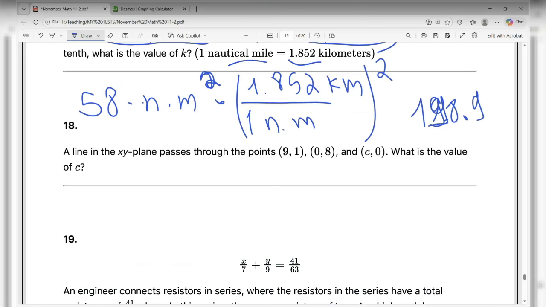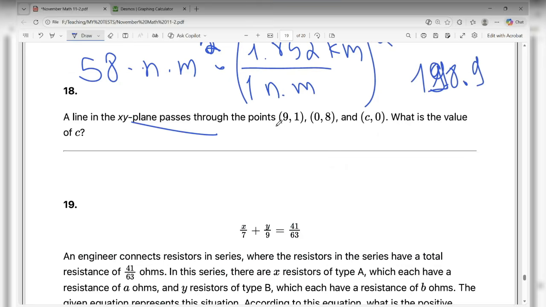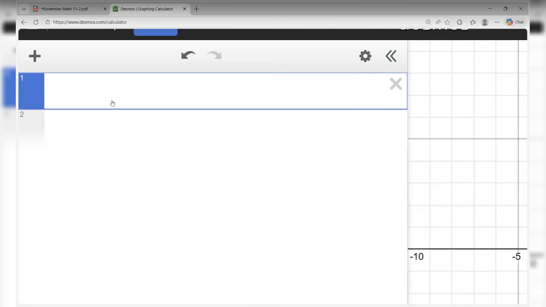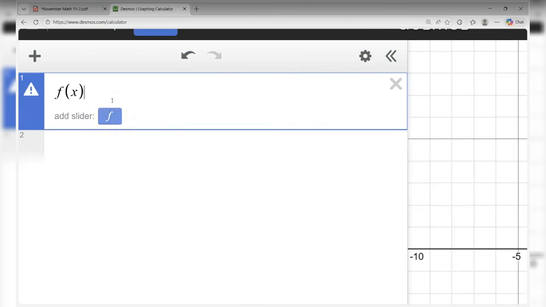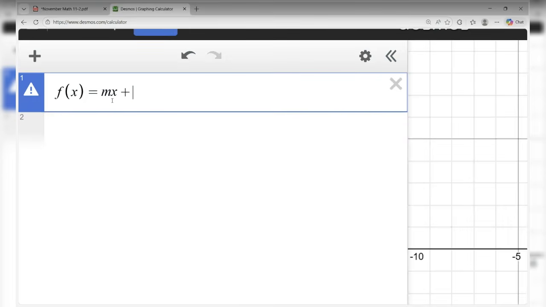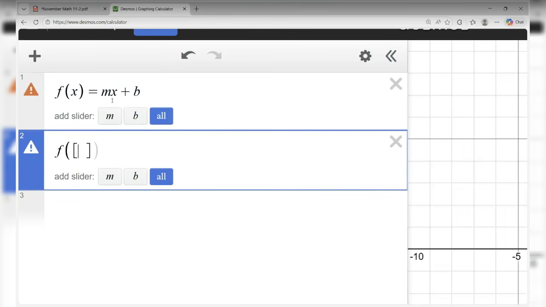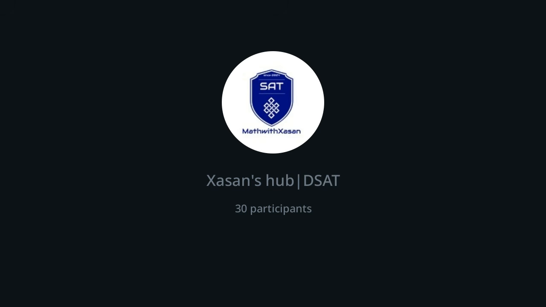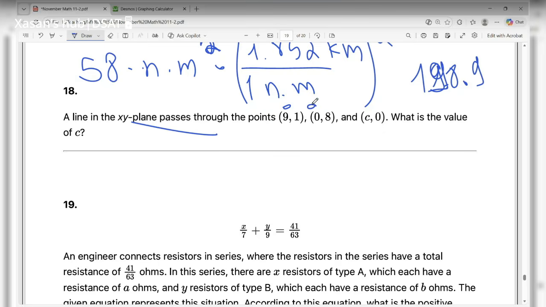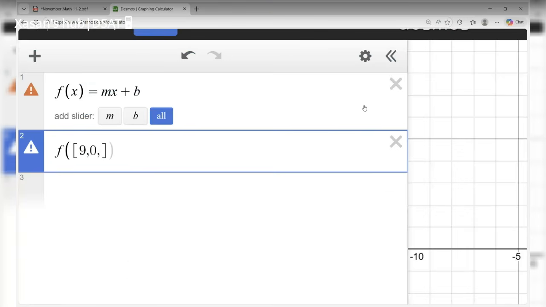Question 18. A line in the xy plane passes through these points. What is the value of c? Okay, guys, look here. I'll be using this method. f of x now equals the linear equation mx plus b, and I'll be entering all the points here by using this method. So I'm going to write the x coordinates first, 9, 0, and c. So 9, 0, and c.